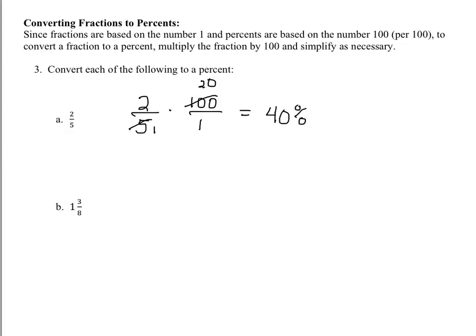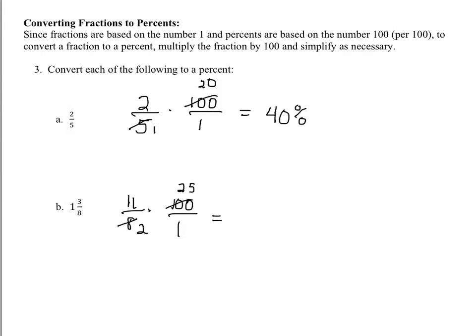What about the next one? Well, this is so cool. You're going to change your mixed number to an improper fraction, so that becomes 11 over 8. And what are you multiplying by? 100, right? So you say, well, 4 goes into 8 twice. 4 goes into 100 25 times.